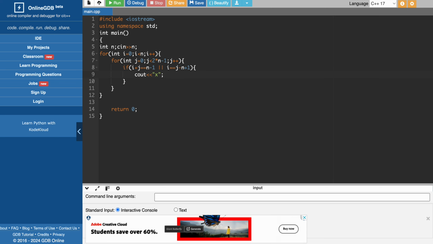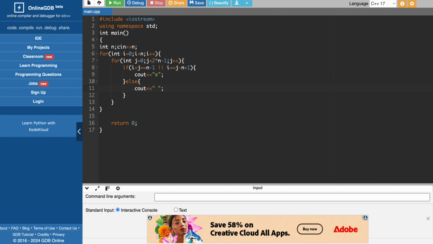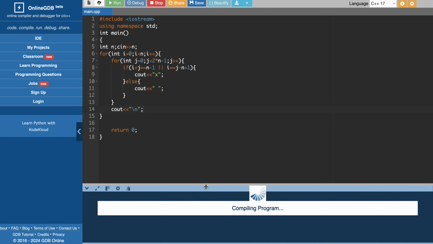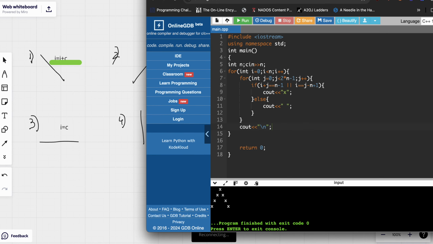Else I'm going to cout space, just space, like this. And after putting the else statement, I'll just do cout endl. I'm putting the n's value over here. It was 4, so I'm giving 4. It's printing this. The basic concept, you get it now.